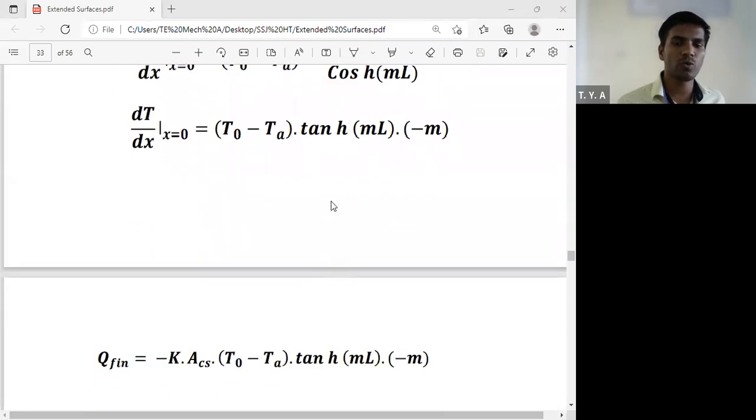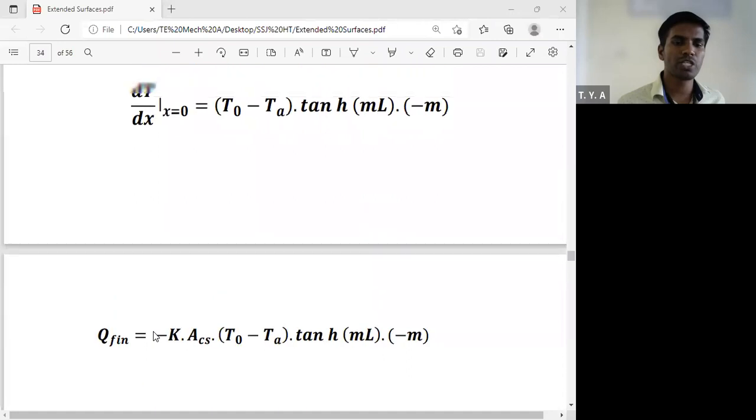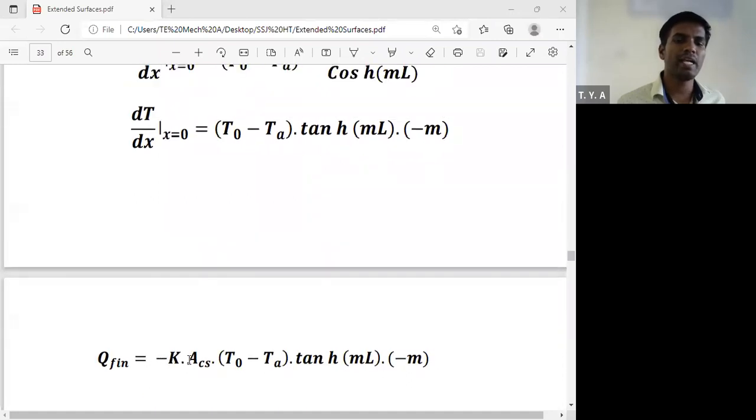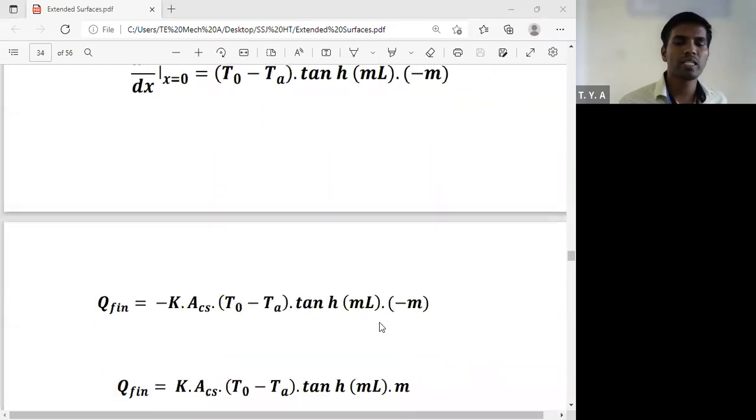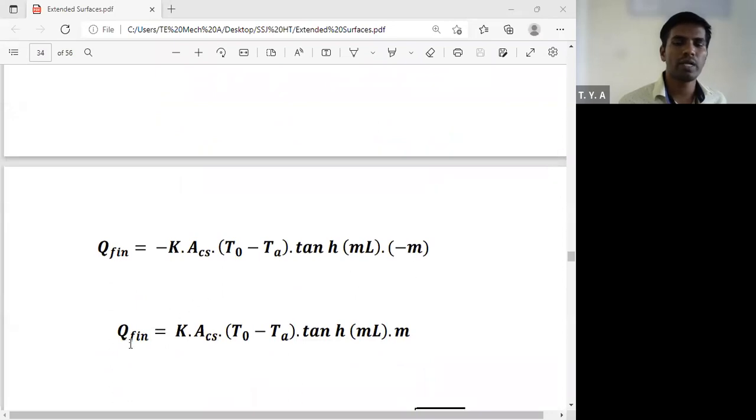We have put the value of dt by dx at x is equal to 0 here. So the equation becomes q fin is equal to minus k into cross section area into T0 minus Ta tan hyperbolic ml into minus m. Minus minus becomes plus. Therefore q fin is equal to k into a into T0 minus Ta tan hyperbolic ml into m.